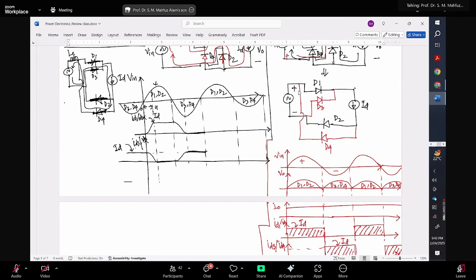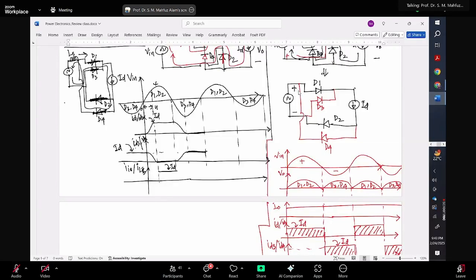If I now draw the inductor current, suppose this is my ILS, or you can say my I input. From this point to this point, that current will be the positive current, that is ID, because we are considering this direction to be the positive one.